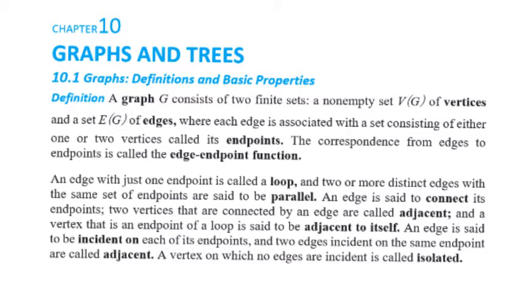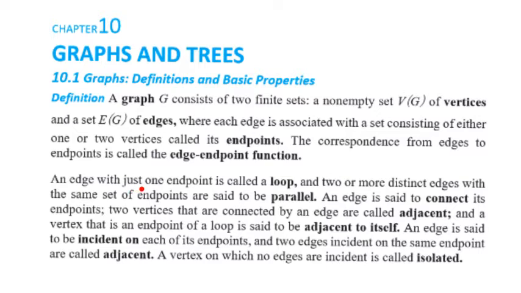Later on, we'll see when an edge has one vertex at its endpoints and when an edge has two vertices in its endpoints. And then the correspondence from edges to endpoints is called the edge endpoint function. We'll see an example of this function later on.